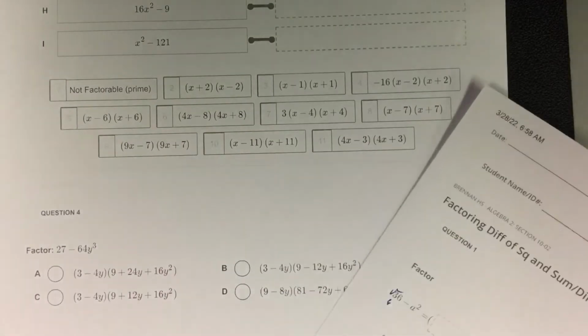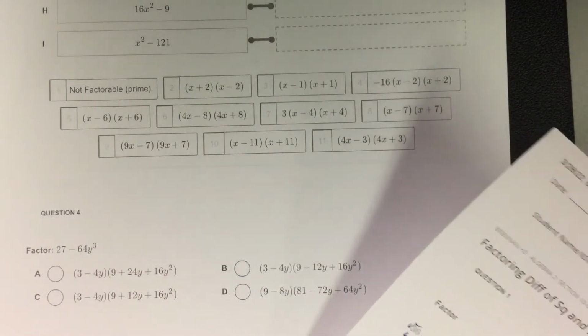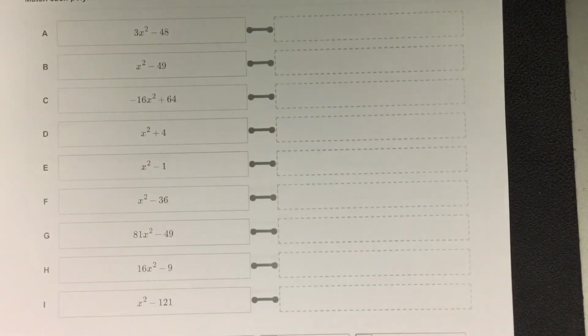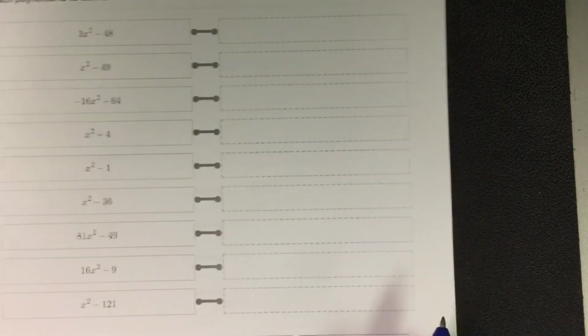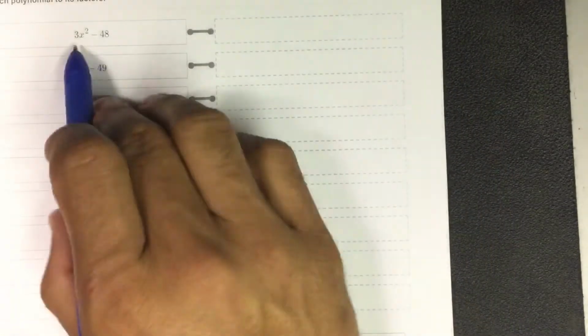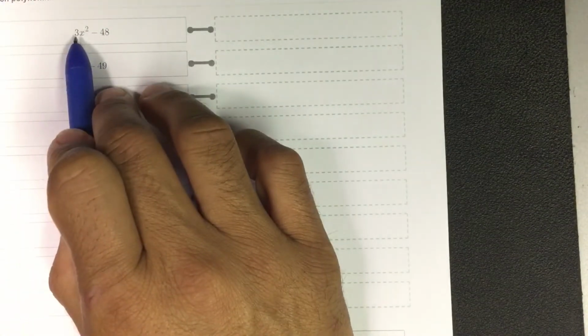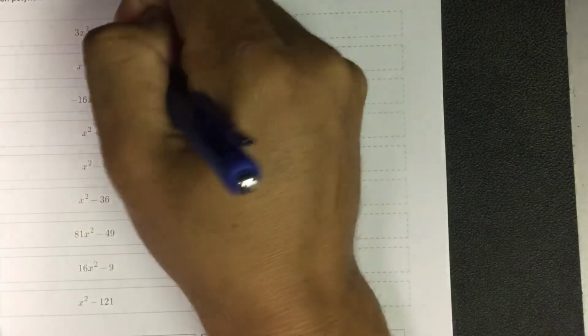Okay, and the next one, right? Number 3 is actually a ton of questions, but each question is pretty easy to get. They should be pretty easy at this point. First of all, the 3, you're never going to be able to take the square root of it, so the 3 has to be factored out.